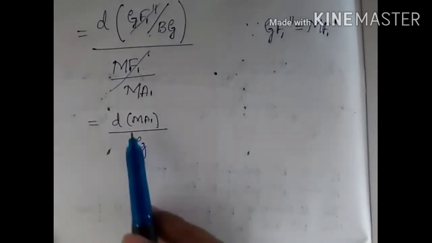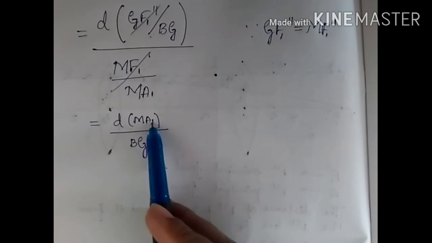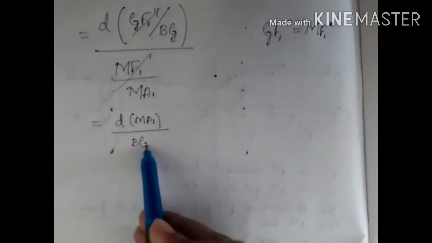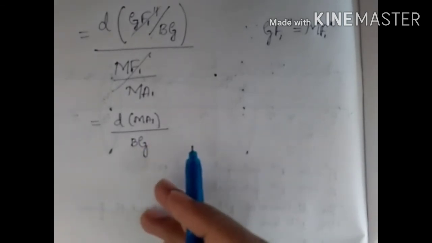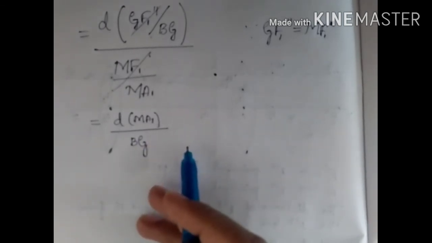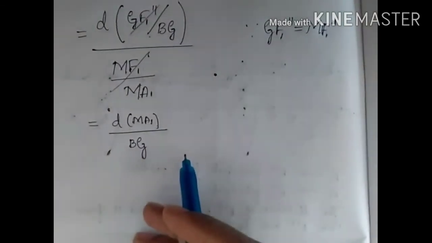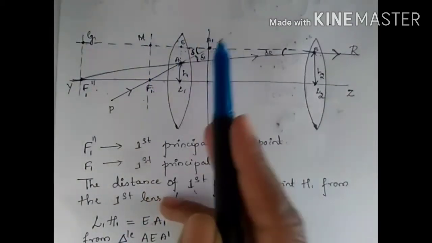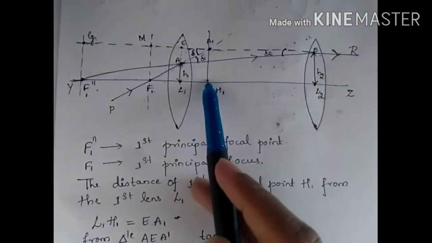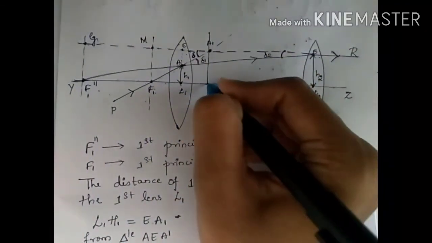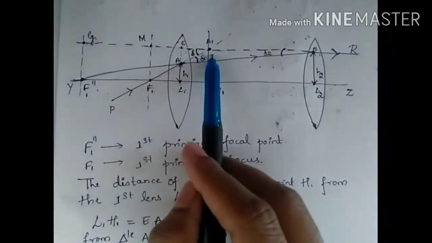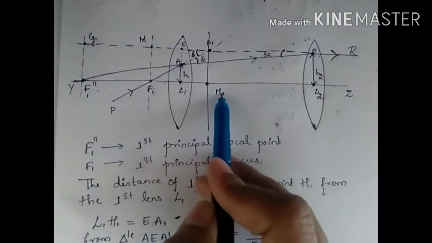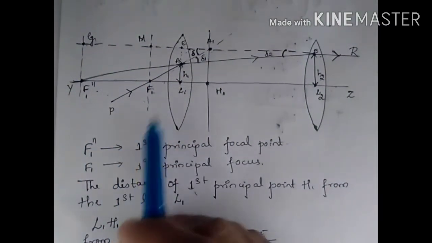Now let us replace MA1 with H1F1 and BG with L2F1 double prime. So we are writing MA1 and BG in terms of the focal points. Let us see from the diagram. If you observe here, MA1 is equal to F1H1, and BG.